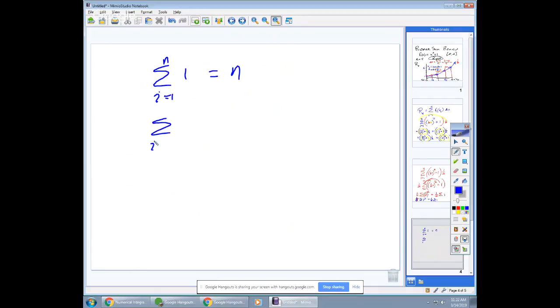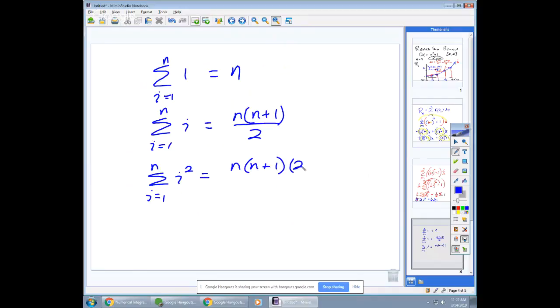The sum as i goes from 1 to n of i's is n times n plus 1 over 2. The sum of i squareds is n times n plus 1 times 2n plus 1 over 6.